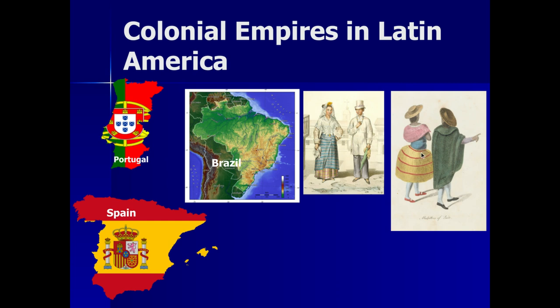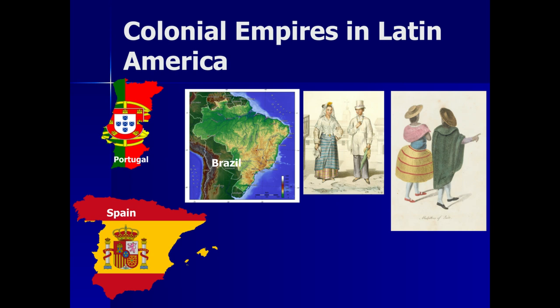And some of those slaves would intermarry with the Europeans, and we would end up with the mulattoes. But for the most part, there were five groups: the Europeans, the Africans, the Native Americans, the mestizos, and the mulattoes, living in Latin America during this period.